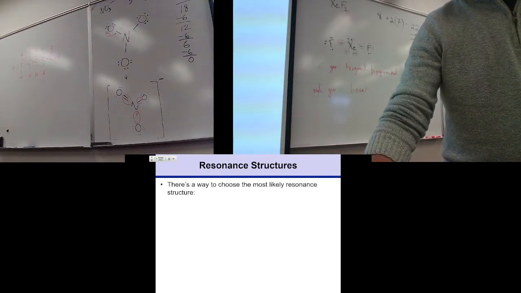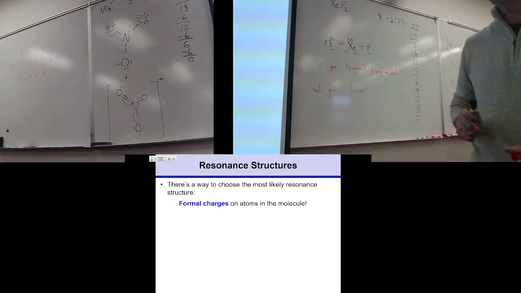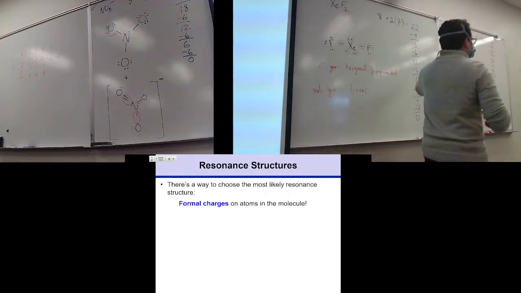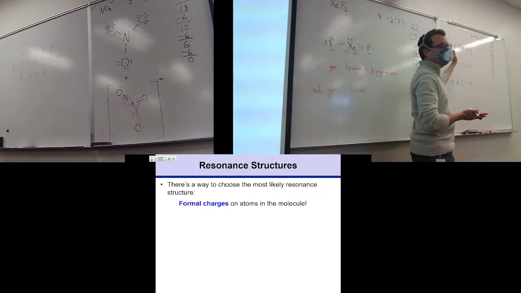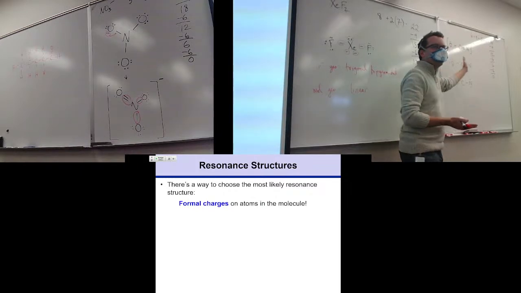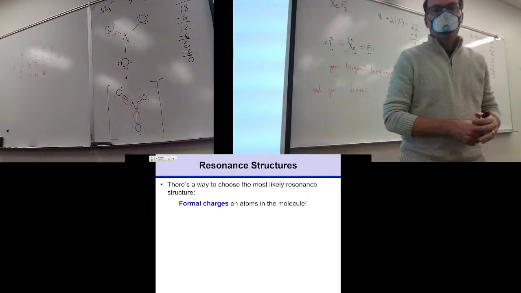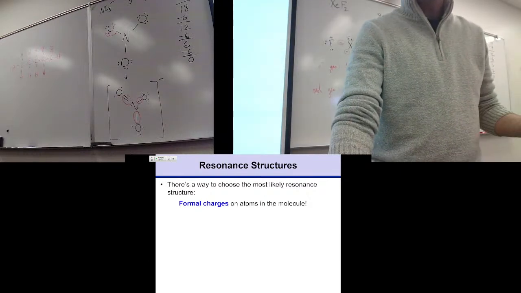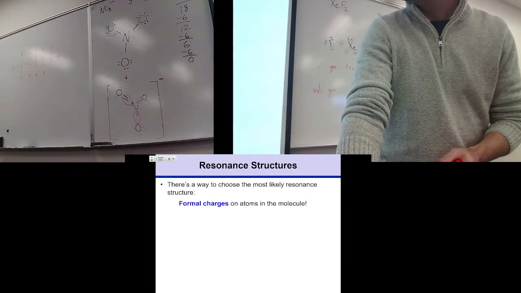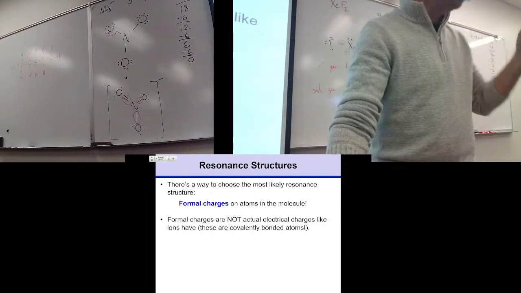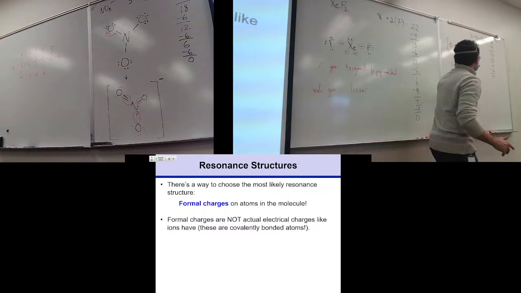So there are going to be cases where these are equal, like they're all likely, and there's going to be cases where one is better than the others. To understand which one is correct, we have to do something called formal charges. And we have to calculate a formal charge for every single atom.